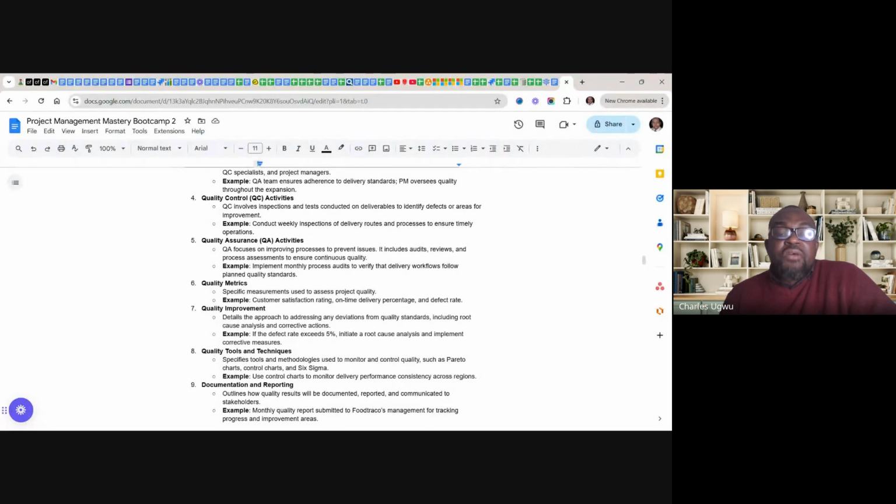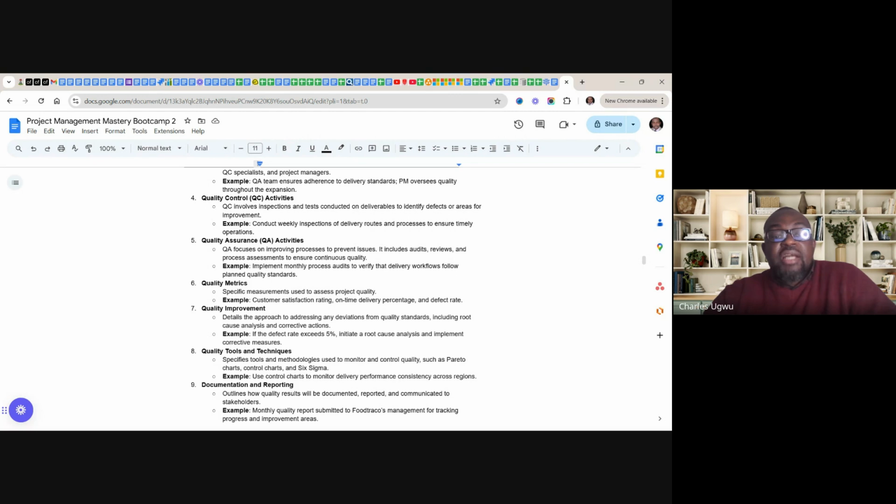Any deviation from that must be investigated. So that is improvement. When we find a defect, an improvement must be carried out. Example: if the defect rate is 5%, initiate a root cause analysis and implement a corrective measure.